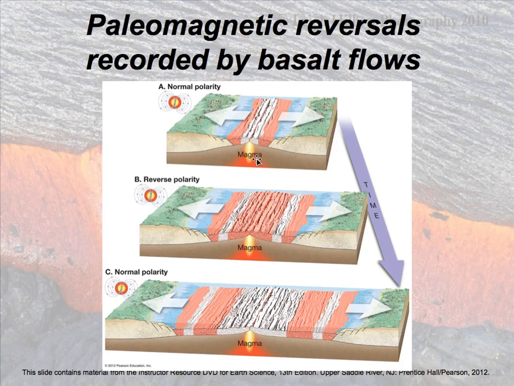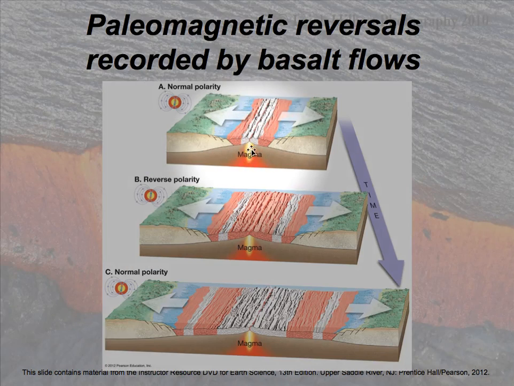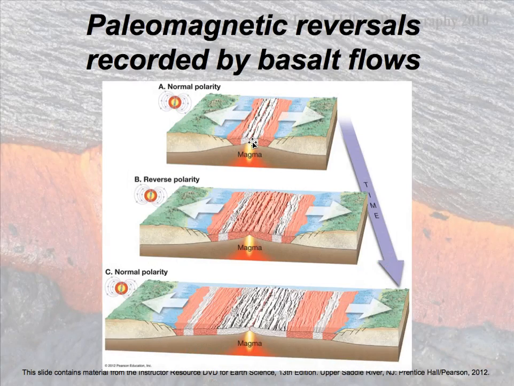So in this particular example, the white rocks that are forming right here are recording a normal polarity zone, a region of normal polarity. That is, magnetic north is where magnetic north is today. Over time, there may be a polarity reversal, and rocks that are forming newly at the mid-ocean ridge are recording a reverse polarity.